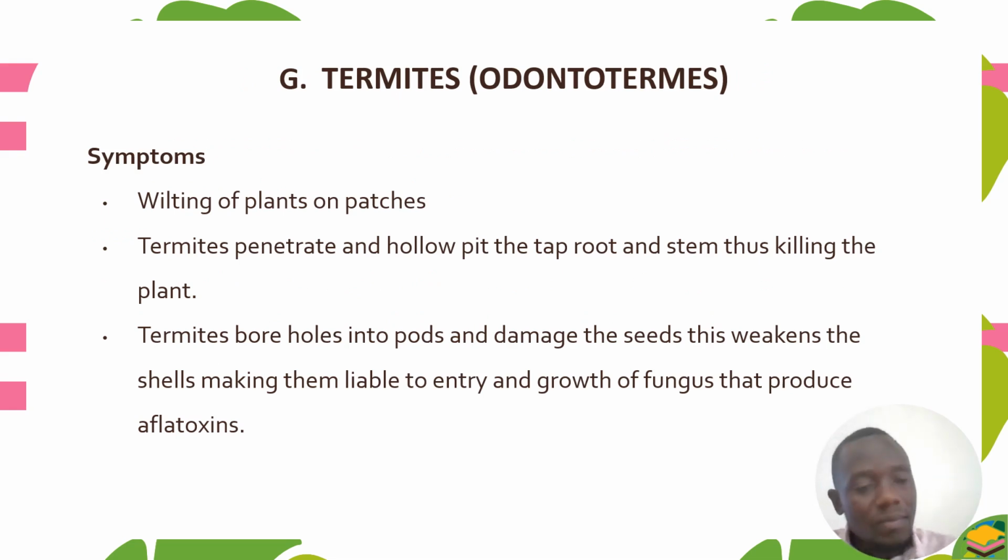Then we have termites. Termites are another example of pests of groundnuts. They have these symptoms. The first one is wilting of plants in patches. Then termites penetrate and hollow out the tap root and stem, killing the plant.